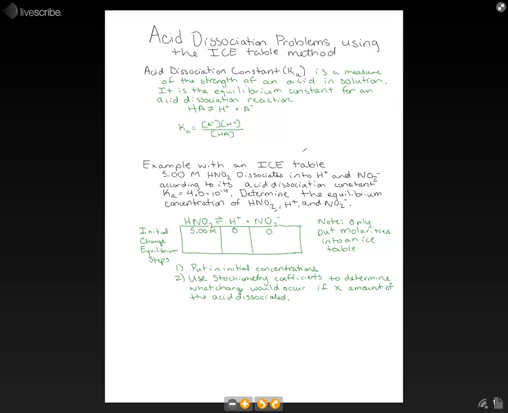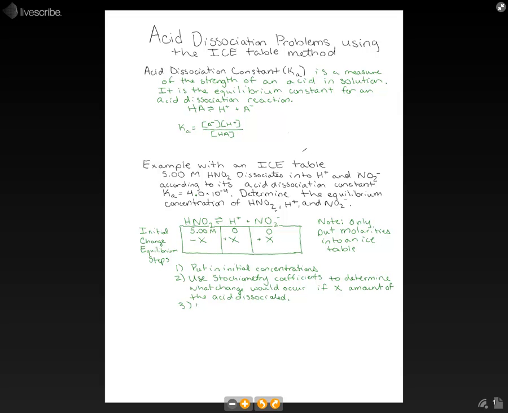So X amount of the acid dissociates, and we're going to subtract X over here. We're losing X amount of this because it's dissociating. But when we take apart X of HNO2, we're going to produce X of H plus and NO2 minus, because these have stoichiometric coefficients of 1. So we have minus X, and then plus X and plus X.